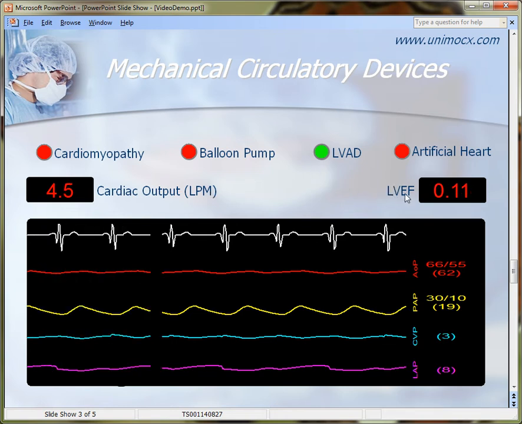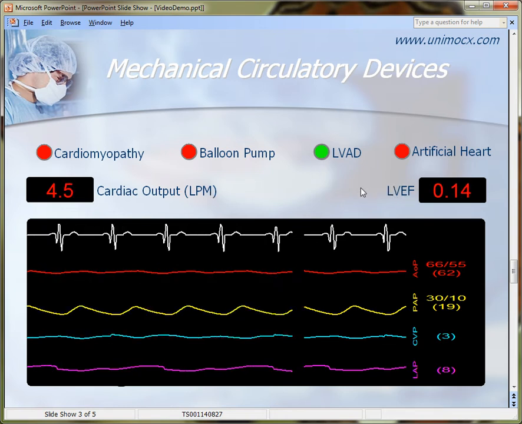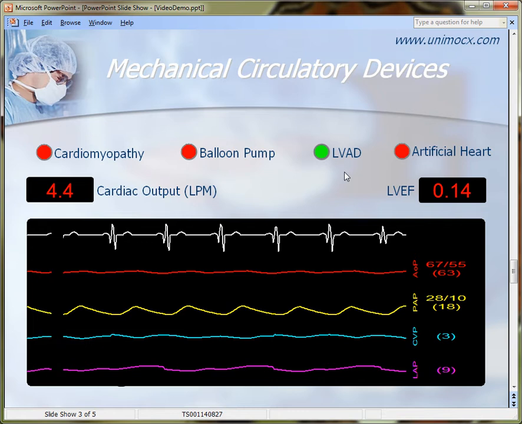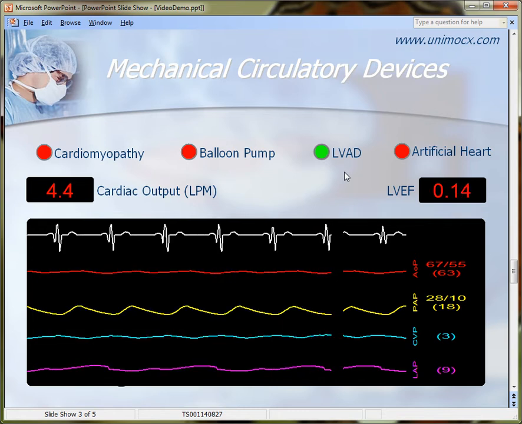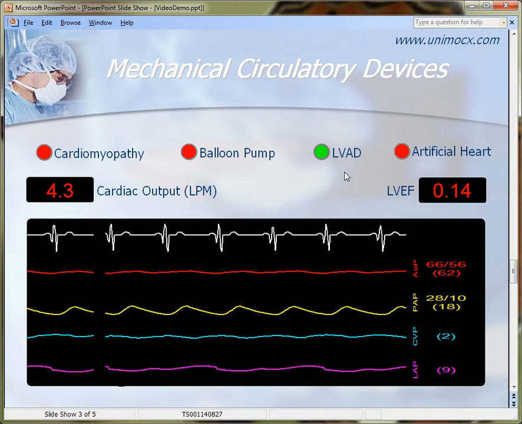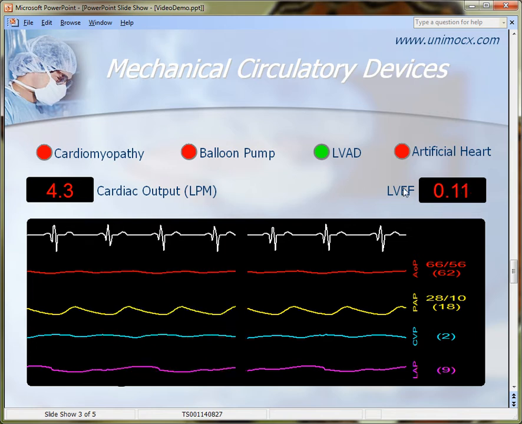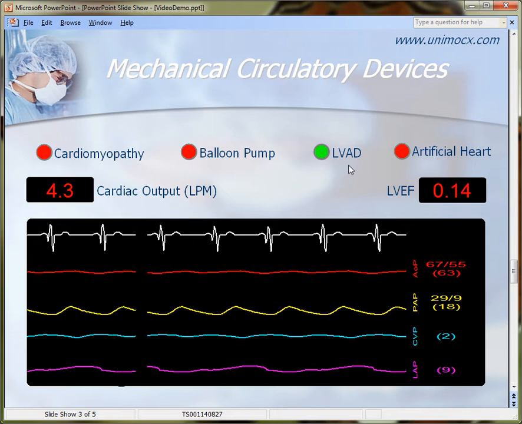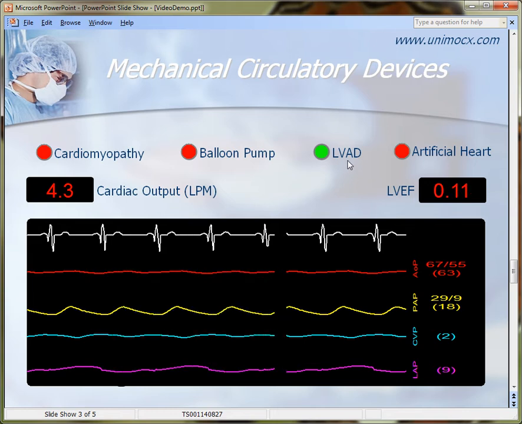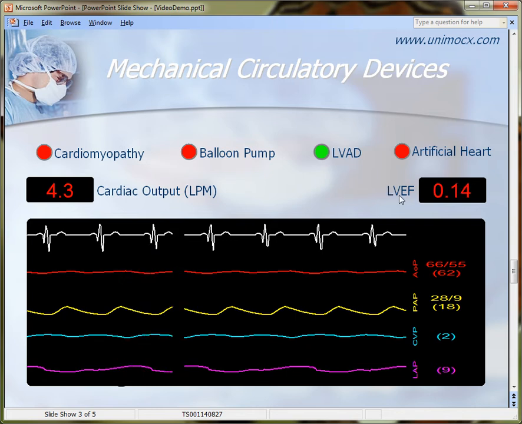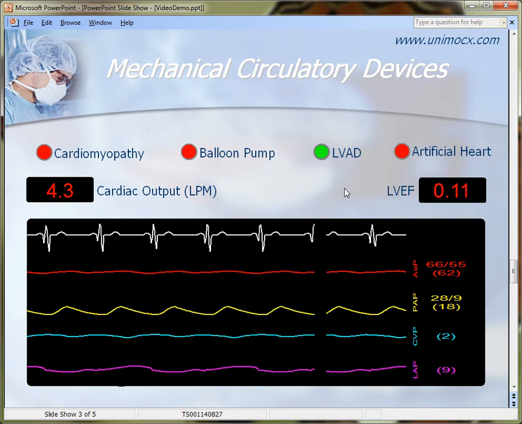Left ventricular ejection fraction will vary quite a bit depending on how you've set the VAD up. If the VAD is set up to have its input from the atria, then you'll essentially get no ejection fraction because we'll be starving the heart for any blood. If we set it up at a higher flow rate for the LVAD, we can also reduce the ejection fraction to 0.